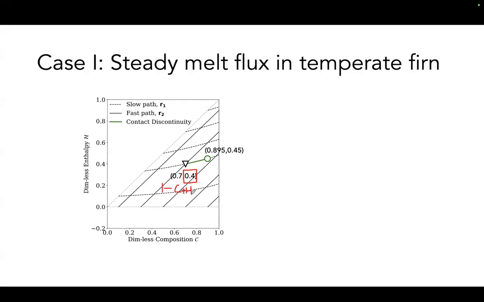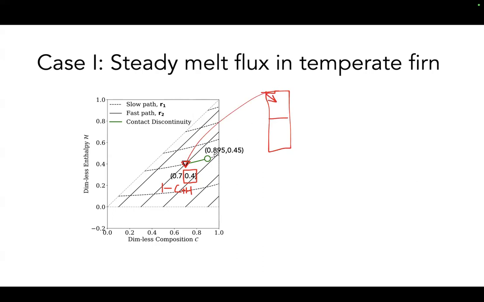In cold region, it's just 1 minus C. So 1 minus 0.7 plus 0.4, it comes out to be 0.7. And that is what we have here. That is our left state or our top state. Okay, so this is that.